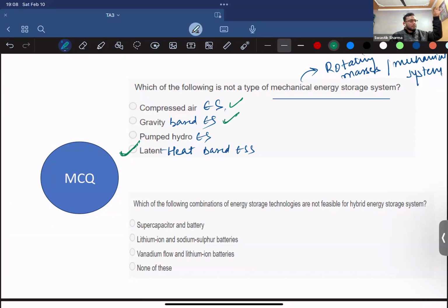You're converting the potential energy of the water in the reservoir into kinetic energy by flowing it through small radius pipes, so that it quickly comes down and hits the turbine, and then the kinetic energy of the water is converted to electrical energy. Pumped hydro also works on the same principle. It's just that it pumps water back to the reservoirs as well. But latent heat, which is usually a type of thermal energy storage, is not a mechanical energy storage system.